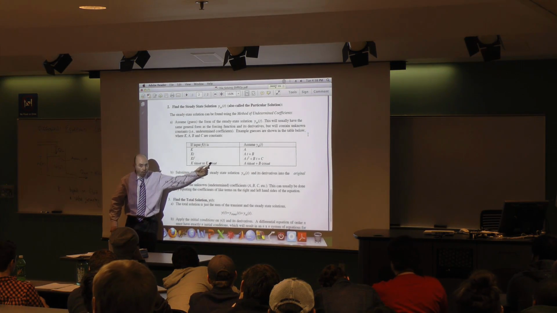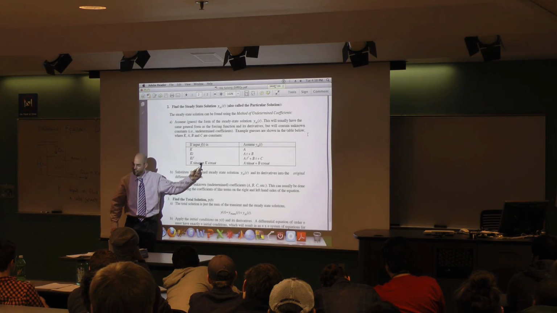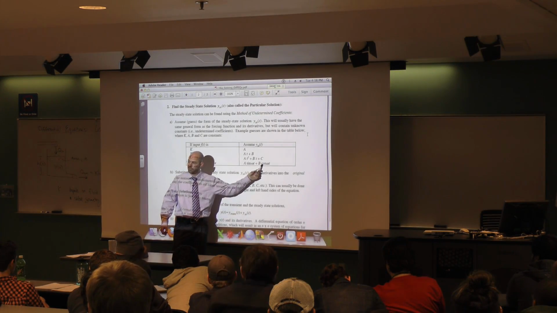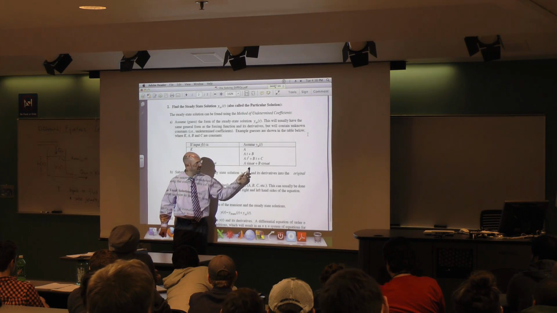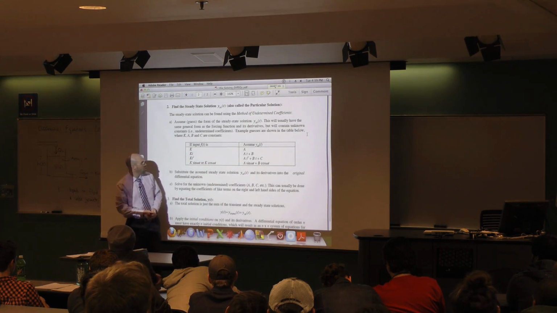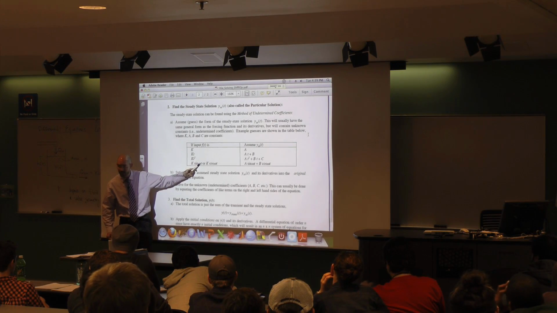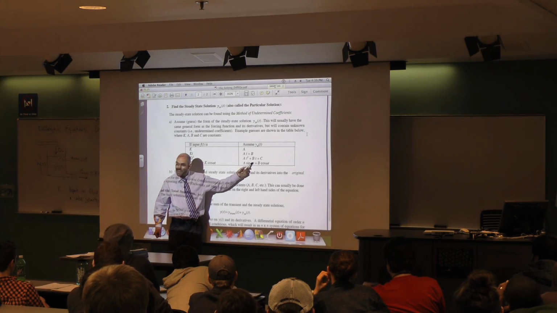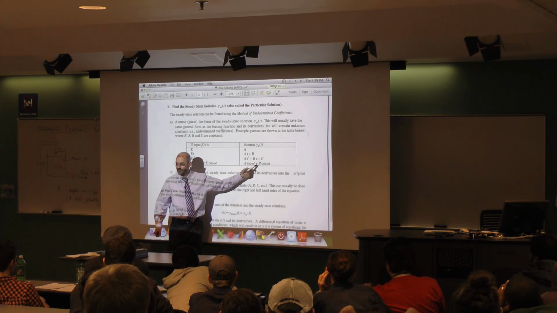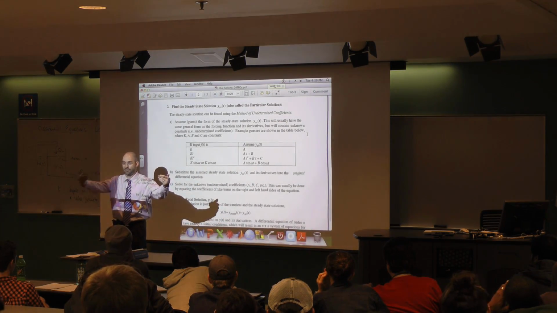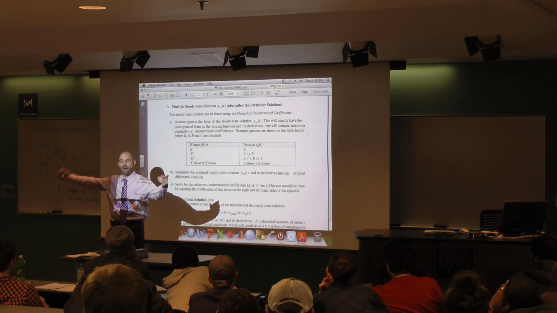Either sine or cosine or a combination of the two for the forcing function. Let's assume the most general sine and cosine: a sine omega t plus b cosine omega t. Note, if my forcing function has frequency omega, I better have the same omega in my steady state solution. I can't take a sine of 3t and add it to a sine of 2t and get a sine of 5t.